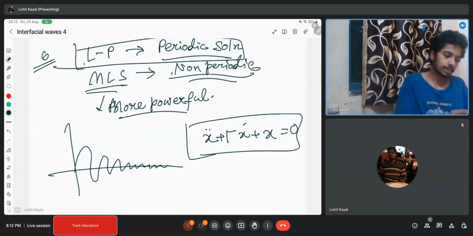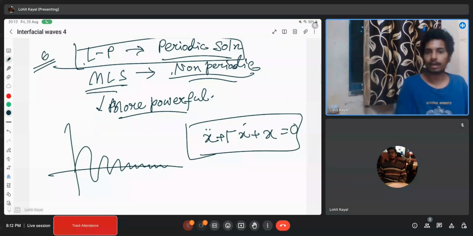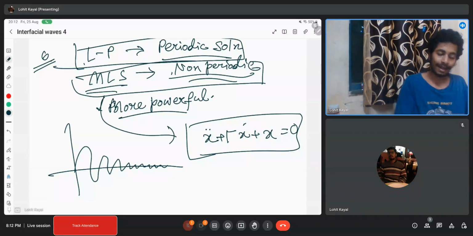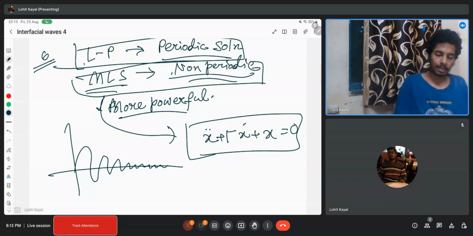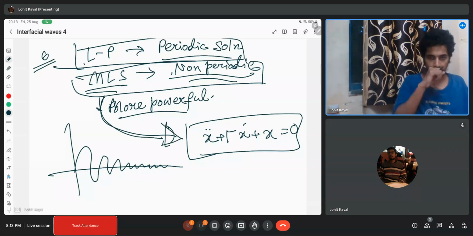The Lindstedt Poincare technique is a lengthy exercise, but you will find that it gives you an incorrect answer. But the multiple scale solution and the analytical solution agree with each other.